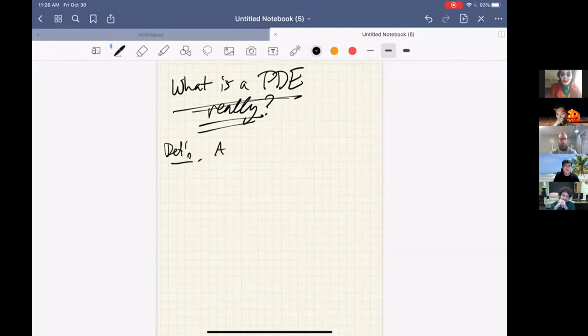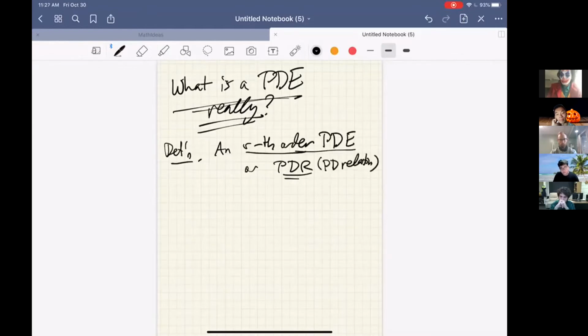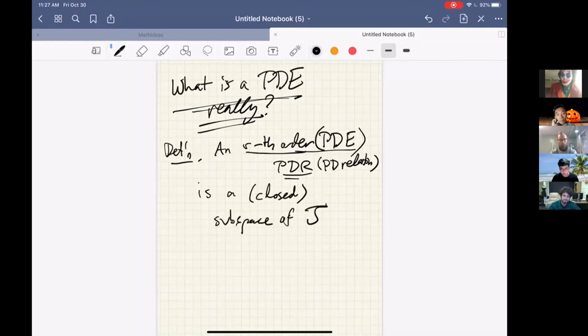So an rth order PDE, or PDR, partial differential relation, let me do PDE in parentheses actually, is a closed subspace of J^r.